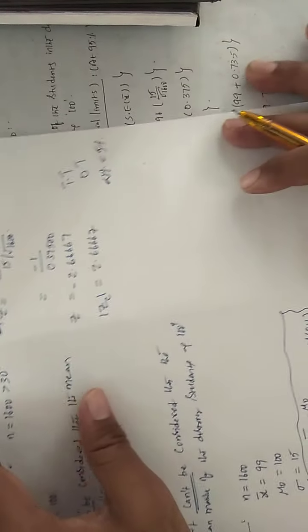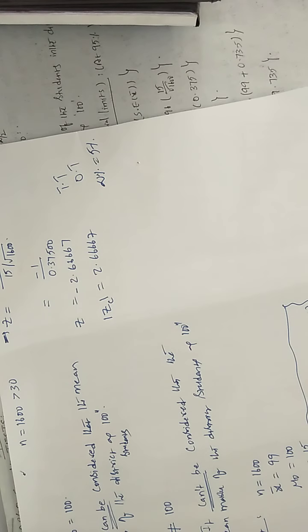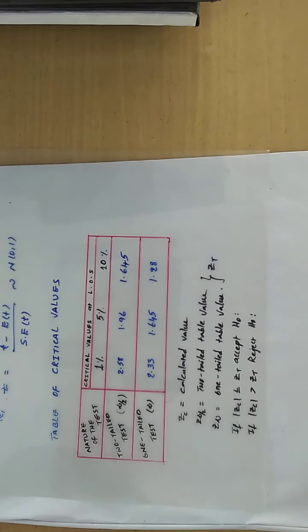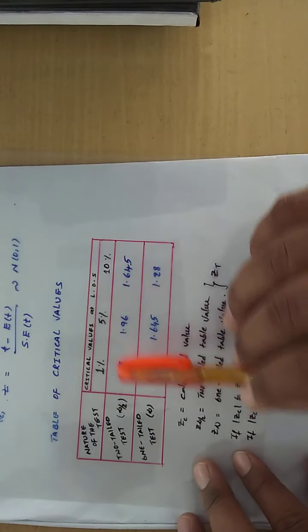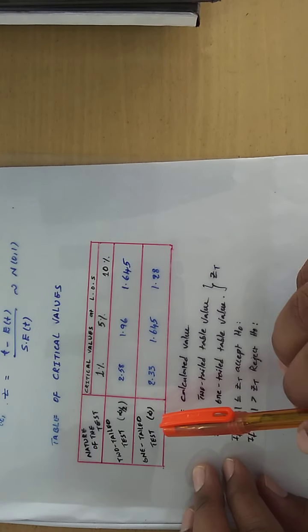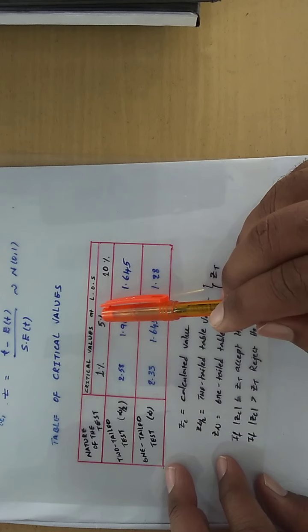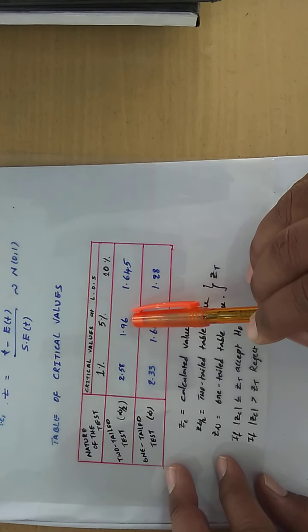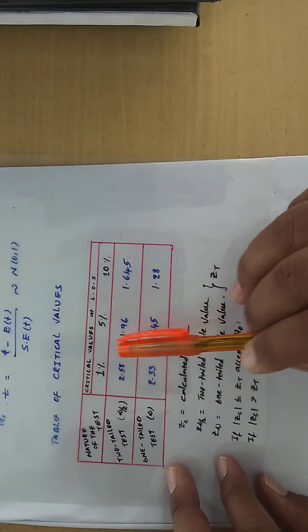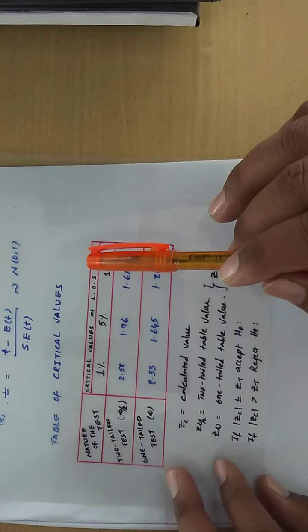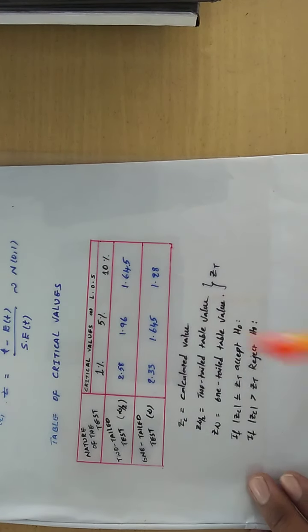So I am going to get the 5% table value here. Yesterday in the PowerPoint I showed you the standard table values. Now these are the standard table values. For a two-tailed test, what is the 5% LOS value? 1.96. This we are considering and comparing with the calculated value.